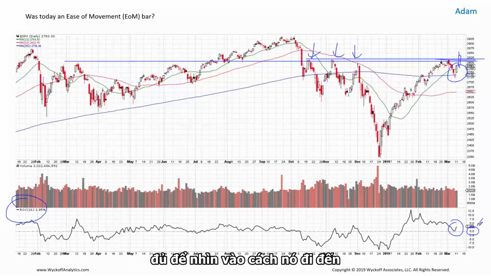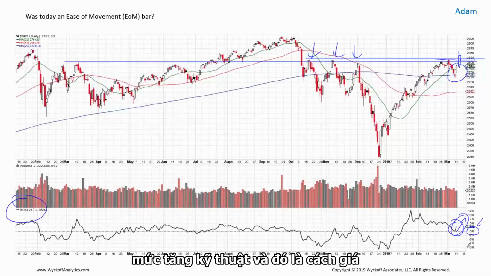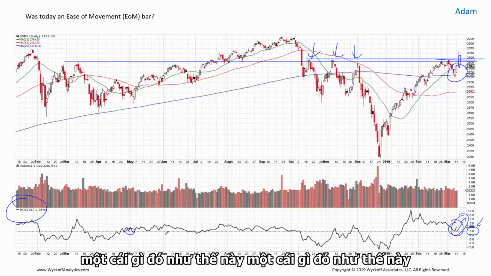So look at how it goes to the center line and then rebounds exactly off it. So this could be just a short-term technical rally, and that's how the price would behave around that. So look at, let's say, something like this.